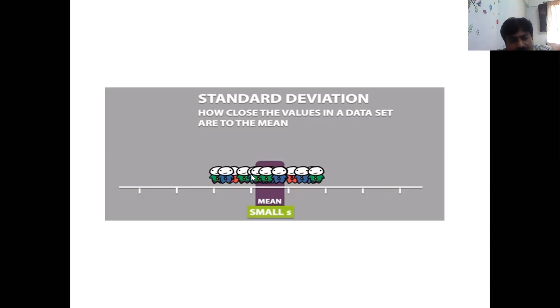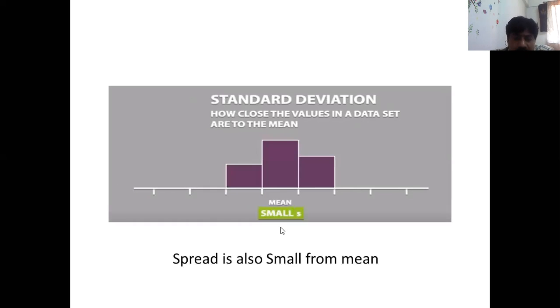These all are in our data set with respect to height. So if the standard deviation value comes small, it means that most of the heights will come near the mean of this complete data set.